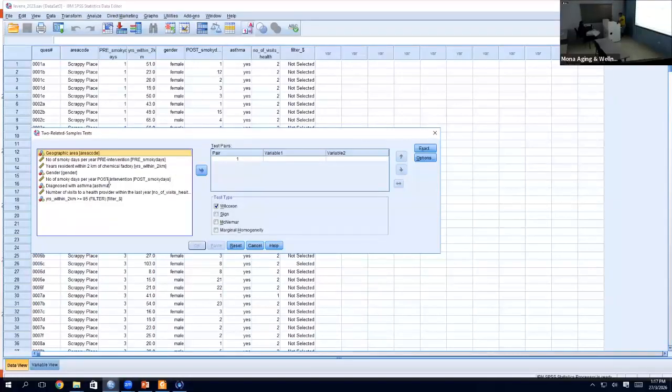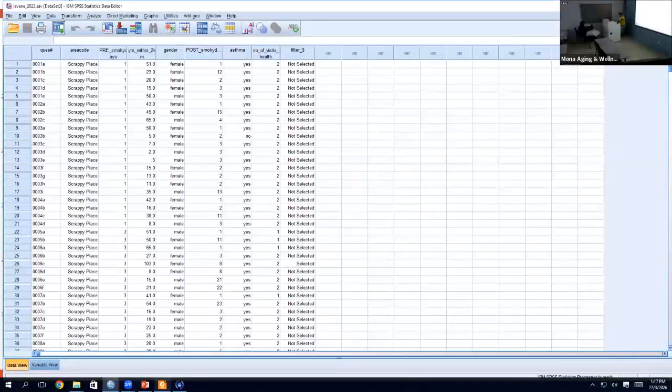So we're going to transfer pre-intervention first, so number of smoky days pre-intervention. And then post-intervention, we'll go over to variable 2. And then we click OK.